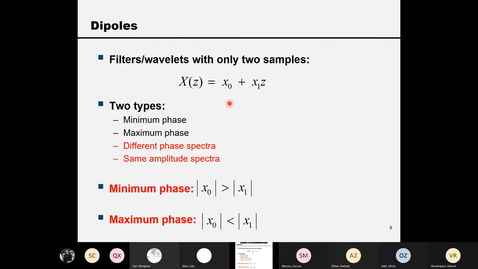In the time domain, energy is the square of each individual amplitude, so x0 squared, x1 squared. In the frequency domain, the energy will be the same as in the time domain, the square of all the amplitudes. Because in the time domain the energy is fixed, in the frequency domain, even with a phase difference, the energy will be the same. So you can understand it in this way.